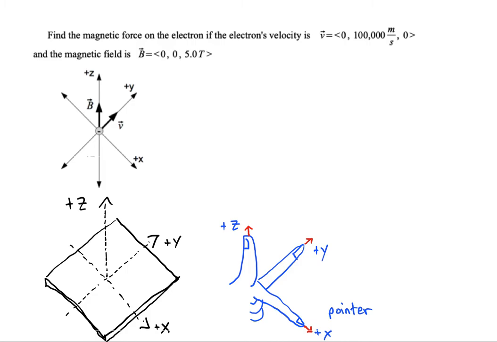Okay. So once you do that, you can make yourself a little sketch of the situation. And then you've got to figure that your X component comes first. So that's going to be Vx here, and then this is going to be Vy, and this is Vz. All right, so the 100,000 is in the Y dimension, the positive Y dimension. So you just want to be able to show that your particle is moving this way.